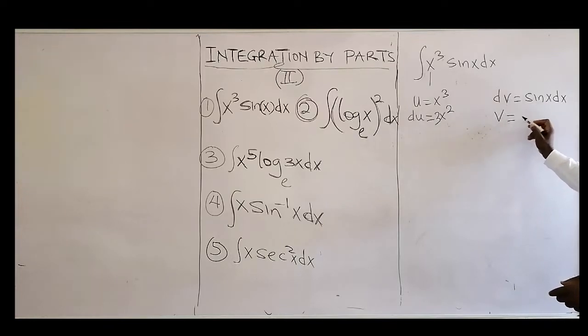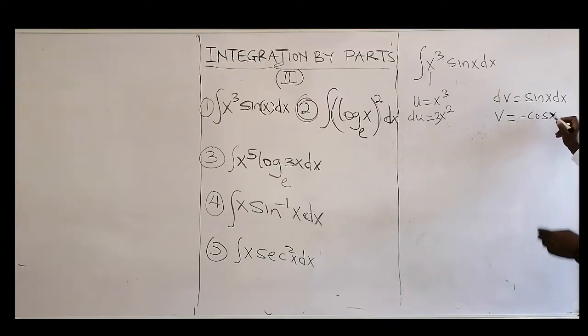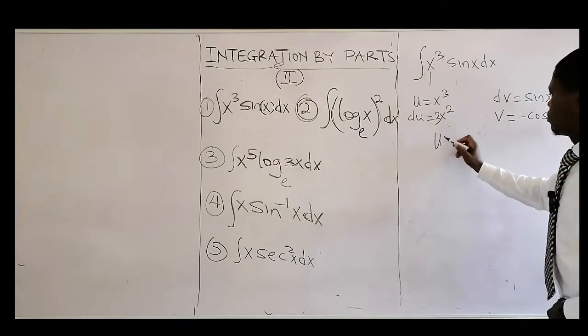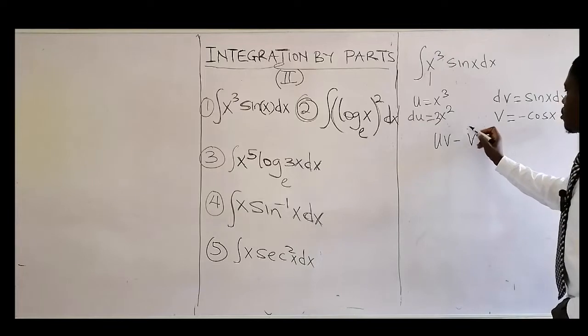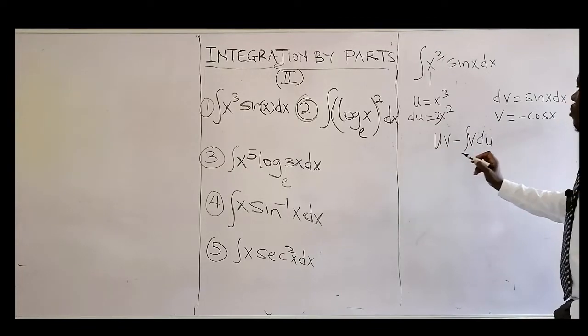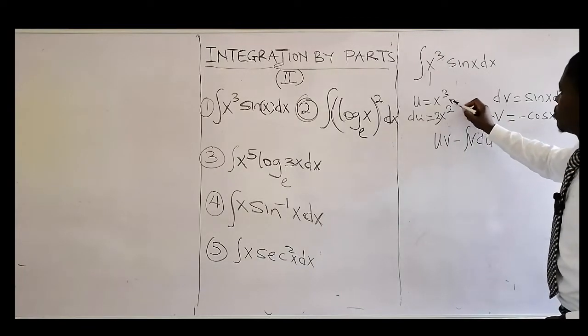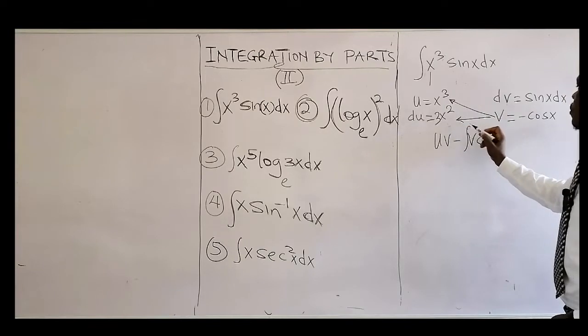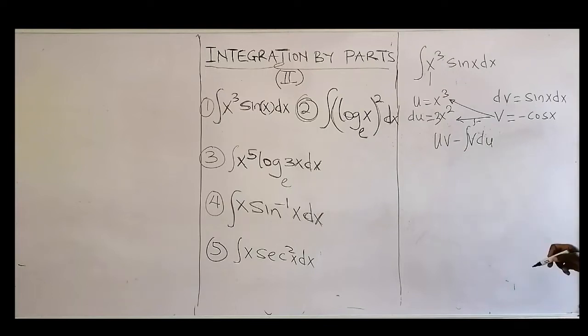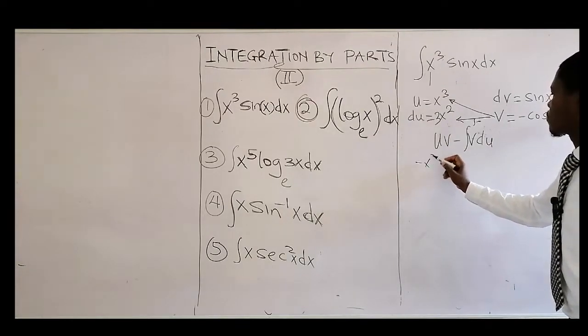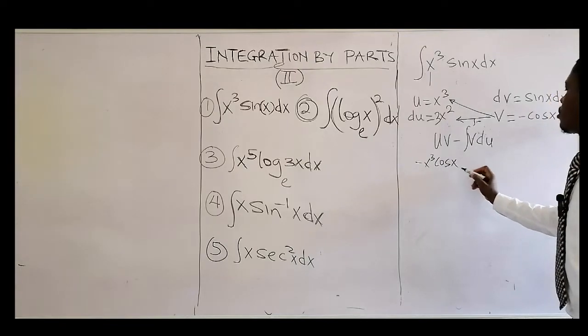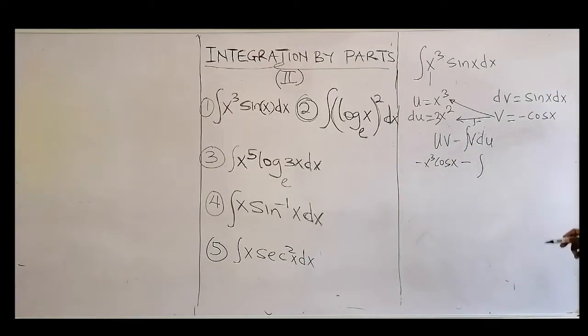Then v equals what? Minus cos x. So I'm using uv minus the integral of v du. So uv is minus x cubed cos x, then minus the integral of v, which is minus cos x.